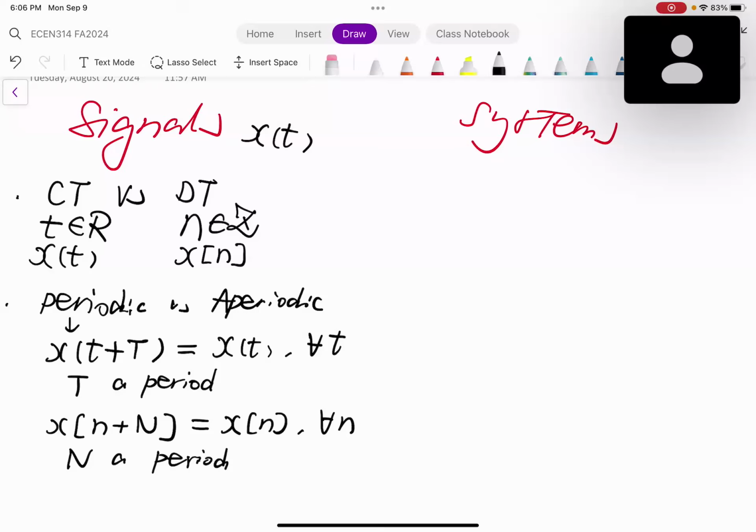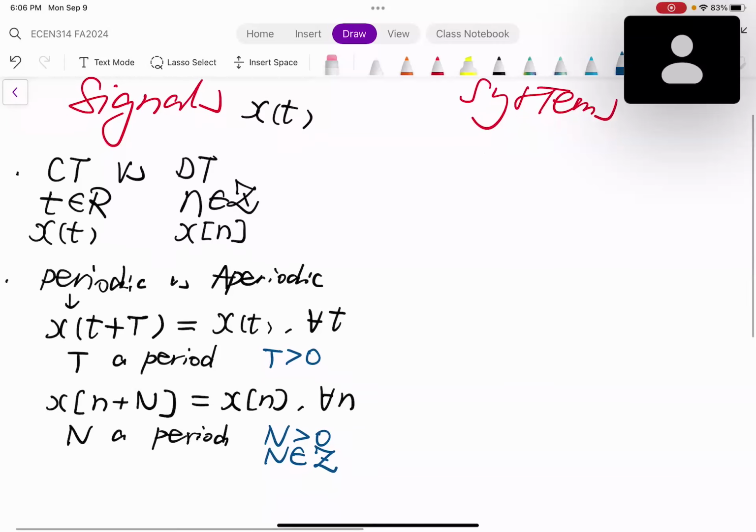But in the first case, we learned that this T has to be positive, right? But in the second case, N is positive, but N is also an integer, right? So that's what you face in the homework problem, when you are determining the periods. And we also learned the fundamental period.